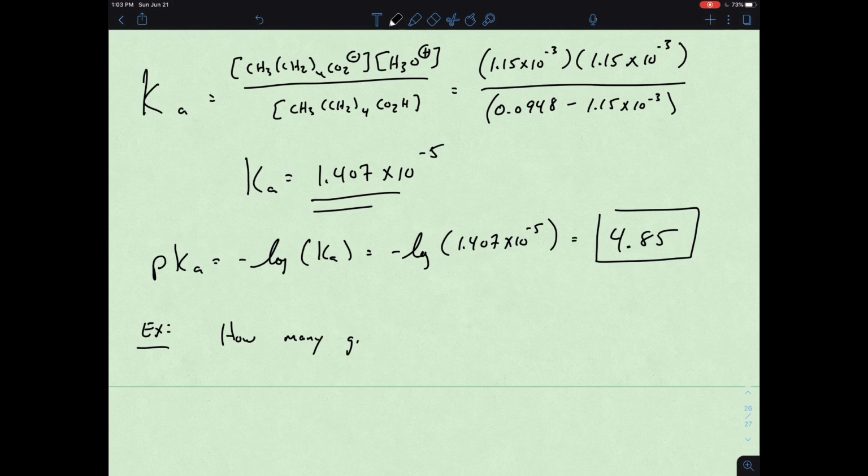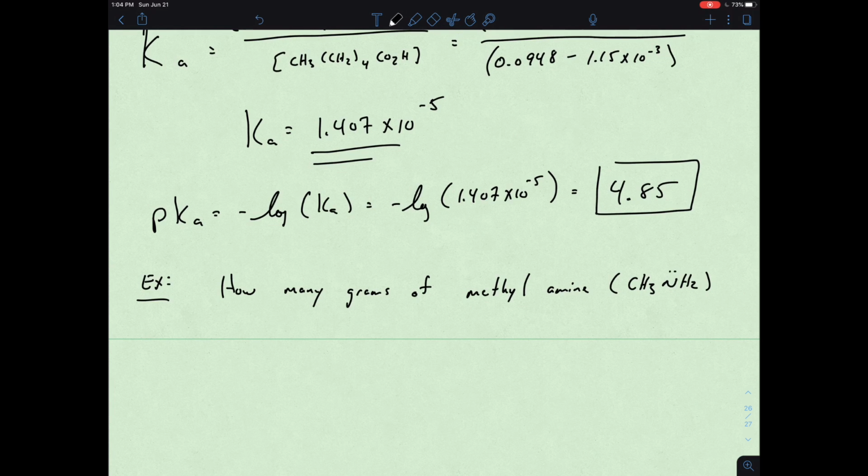So how many grams of methylamine, which has this as its structure? So we see that base idea with the nitrogen and its lone pair.